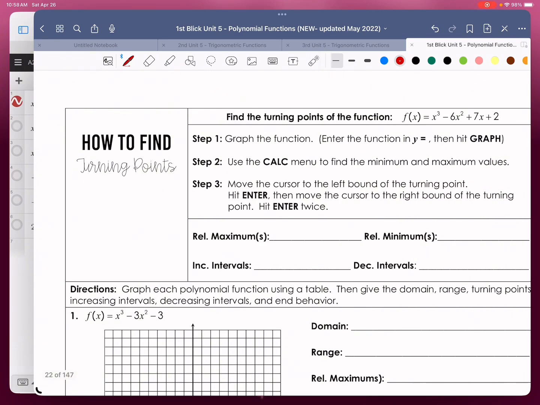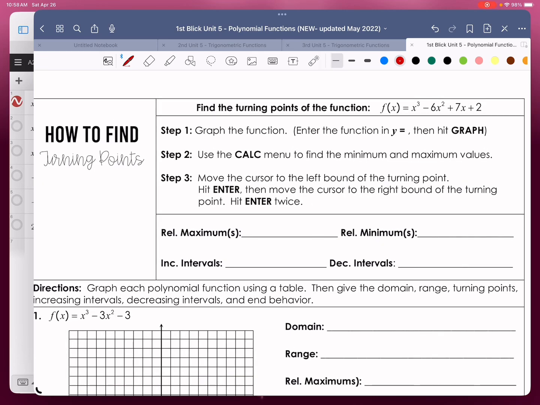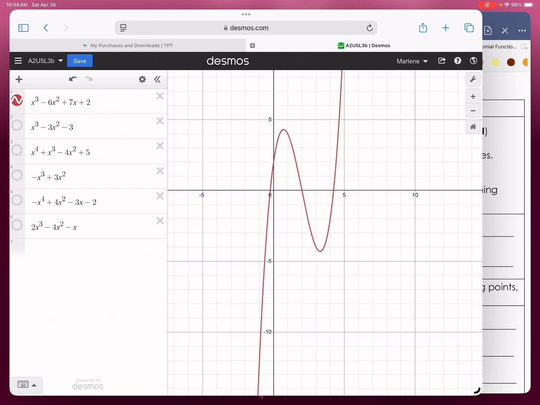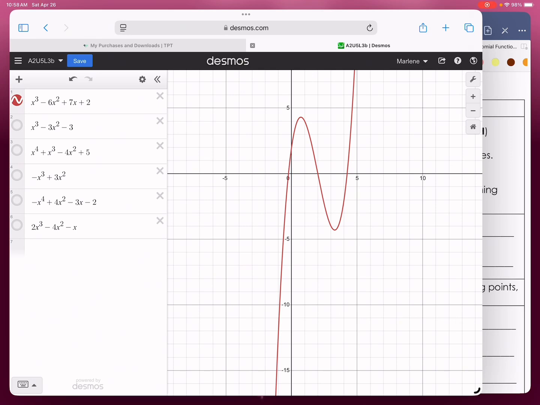Okay, now we're just going to look at a graph and we're going to put it in Desmos, and we're going to try to find the relative max and min and the intervals of decrease and increase. And I have already got it graphed here. So what we're looking for is we want to find that point and that point.